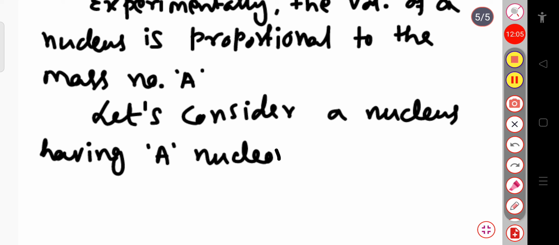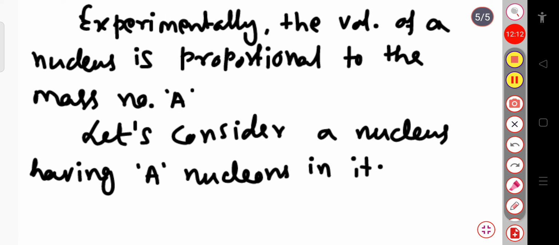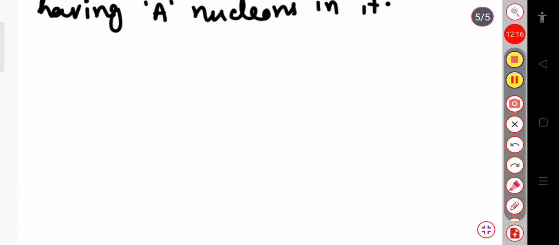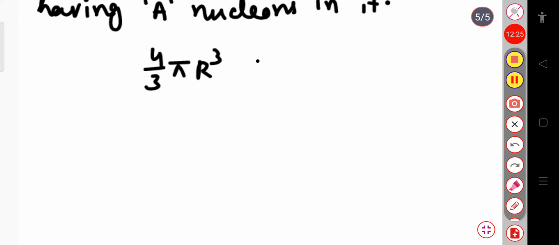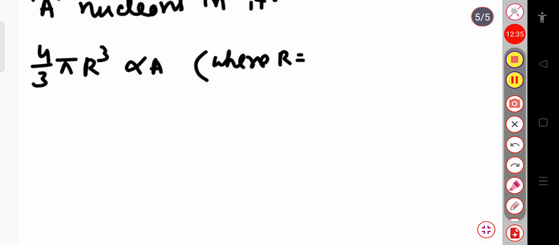So for that case we can write the total volume of the nucleus will be proportional to the mass number A, that is the total number of nucleons in it. So now we can write 4 by 3 pi r cube, that is the volume of the nucleus, proportional to A, where r represents the radius of the nucleus.